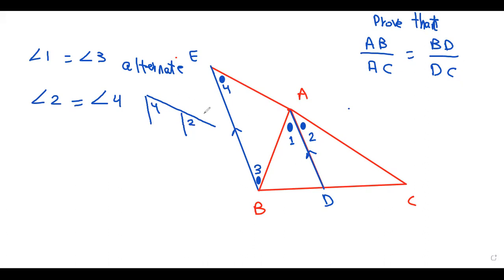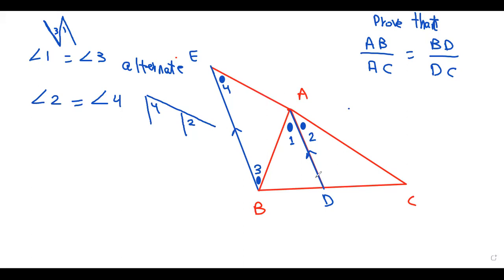And angle 1 and angle 3 are taking the form of the letter Z in English. So they are equal. Angle 1 is equal to angle 3.